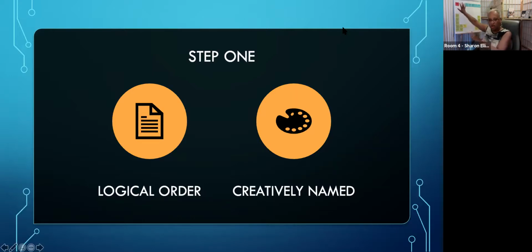On your storyboard, you should have that information: here are the things that are going in my book. So to make your table of contents, take those sticky notes and put them in logical order, whatever that logical order is for you. For novelists, those sticky notes now are going to go in the order of your storyline.